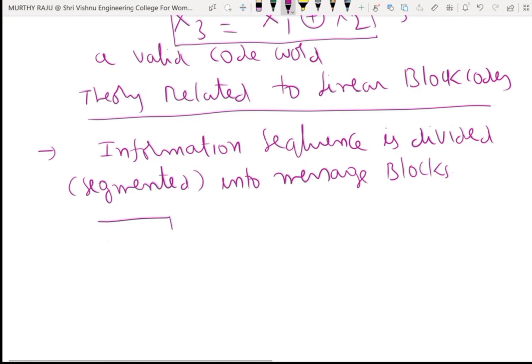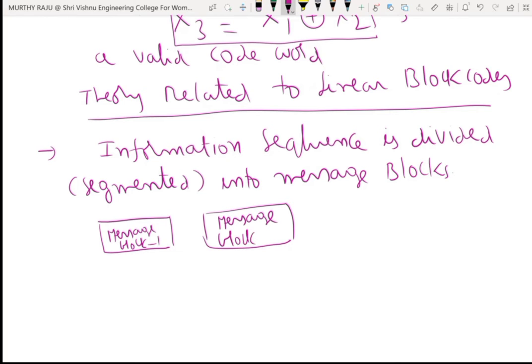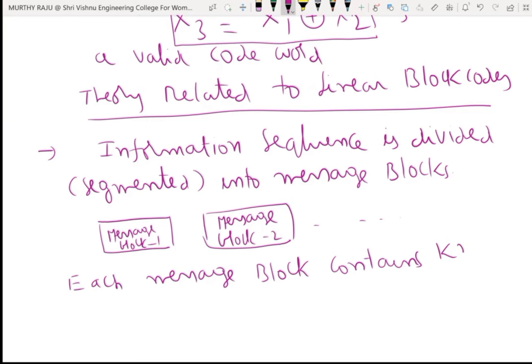This one is message block 1, message block 2, and so on. Each message block contains k number of information bits.